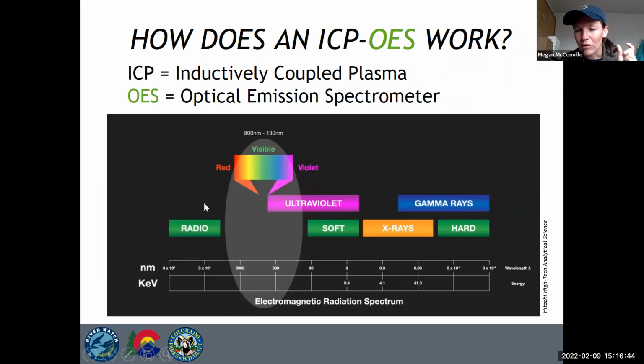Then you have radio frequencies, those longer wavelengths, up to gamma rays or X-rays. Think about getting an X-ray on your tooth, or when you break your bone. Those are much higher frequency wavelengths. But the region we're looking at for an optical emission spectrometer is what our eye can see, which again is that relationship to an eye or to a camera.